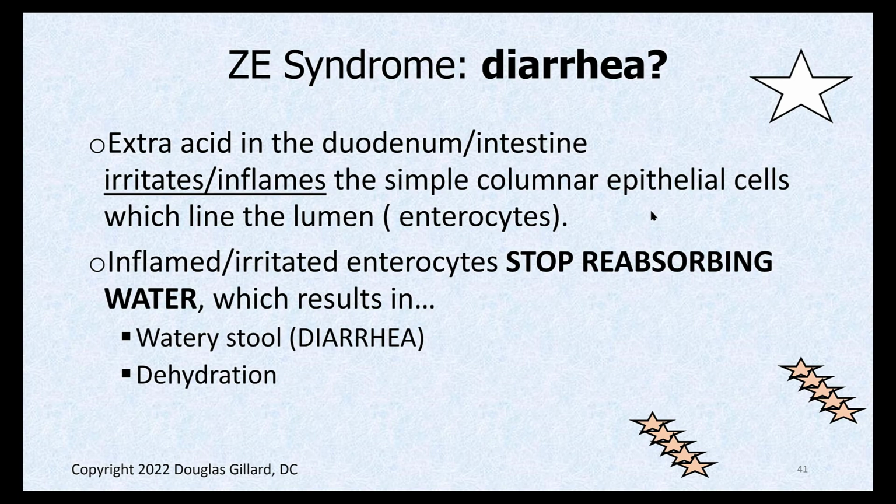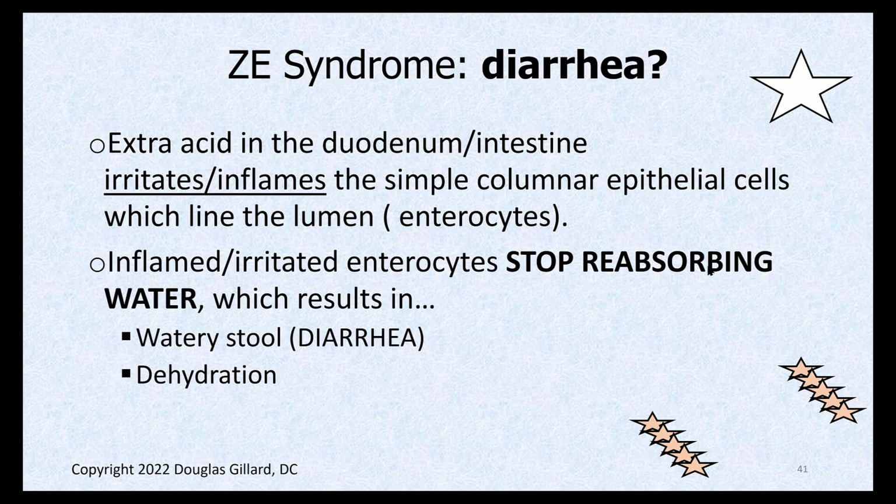If you have too much acid in your stomach, you're going to have too much acid coming out into your duodenum, and in your entire intestine the pH is going to be too low. It's going to irritate the enterocytes, those simple columnar cells that line the lumen of the intestine. It's going to irritate them, inflame them, and they're going to get mad and stop reabsorbing salt and water.